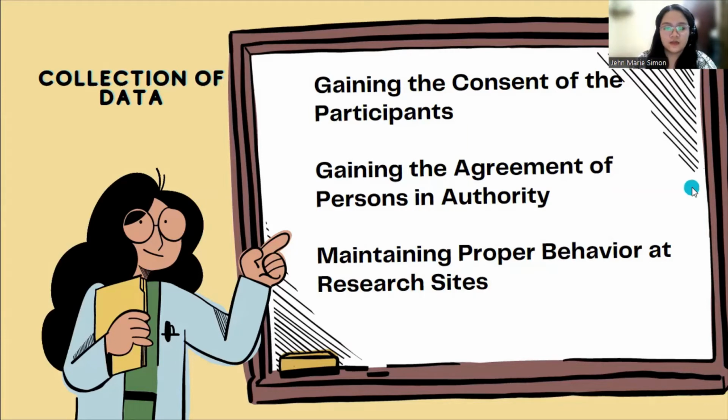Gaining the agreement of persons in authority. Dito naman, if your respondents are students, you need to gain the agreement of persons in authority, like the principal, the teachers in that specific school, before conducting your study. You can't float or ask questions to the students without gaining the agreement of persons in authority.